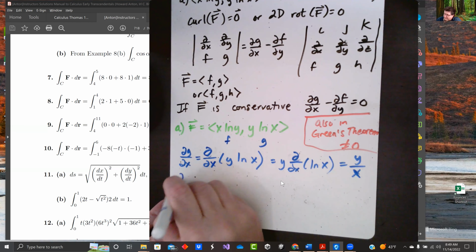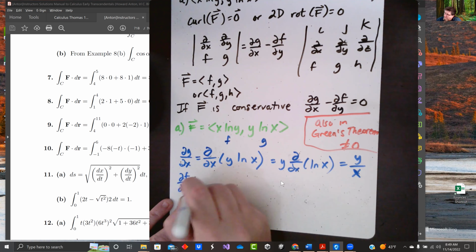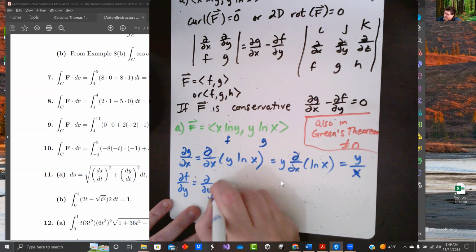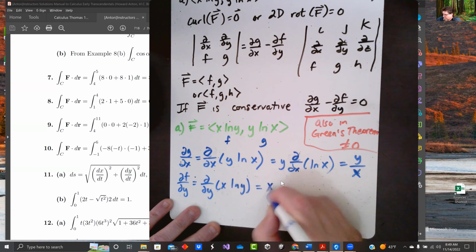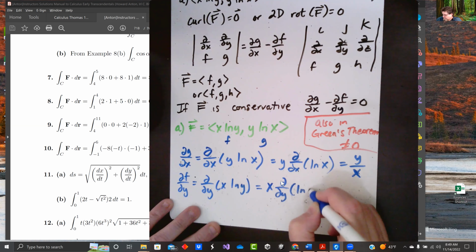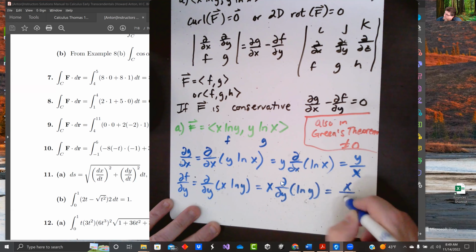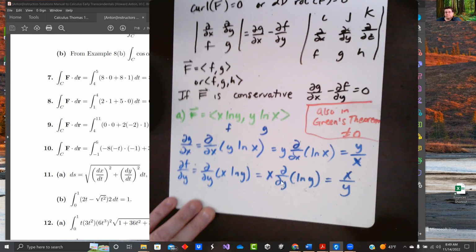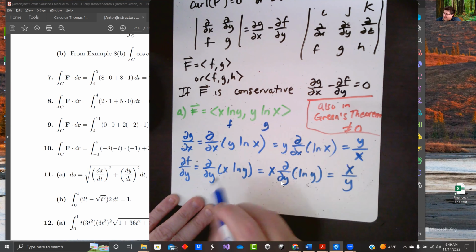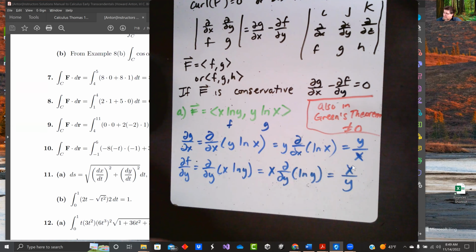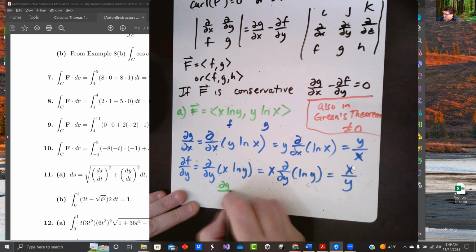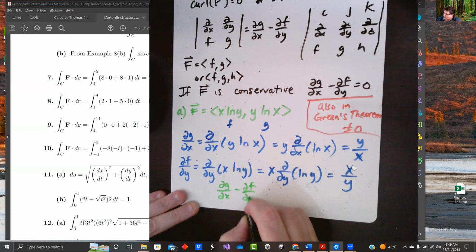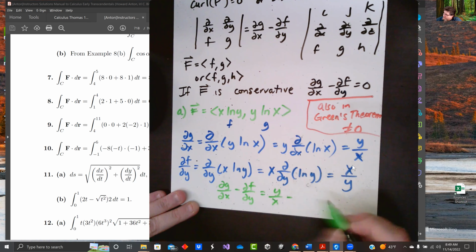So let's look at df/dy. d/dy of x ln y. So dg/dx minus df/dy is y over x minus x over y, which doesn't equal 0 unless we're at like (1, 1).